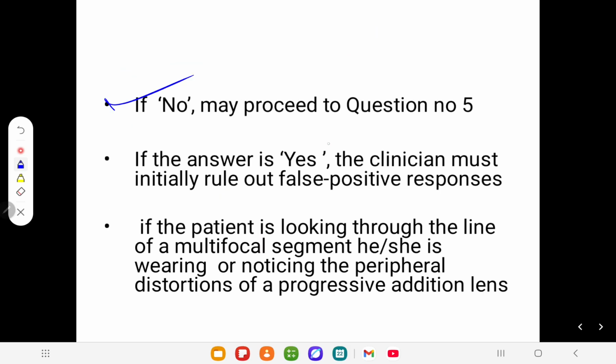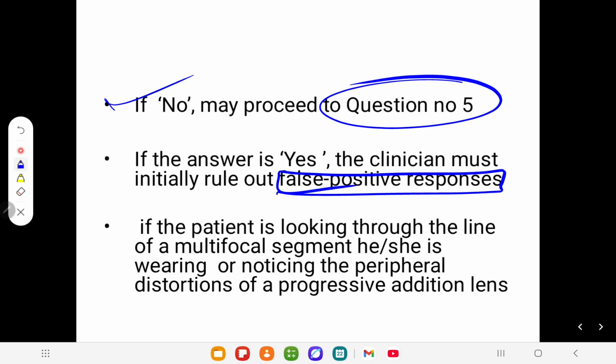If no, then we proceed to question number 5. If yes, then the clinician must initially rule out the false positive. It's very important. Ask the patient how that waving is going on, how the bending is there. Be particular. Check if the patient is looking through the line of a multifocal segment, or noticing the peripheral distortion of a progressive addition lens, isn't it?